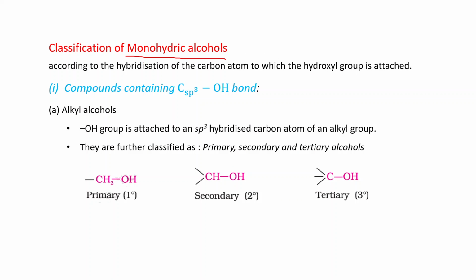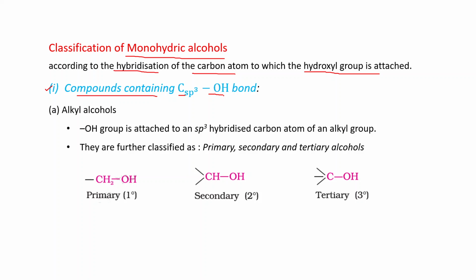Classification of monohydric alcohols. Monohydric alcohols are further classified according to the hybridization of carbon atom to which the hydroxyl group is attached. First category is compounds containing sp3 carbon-OH bond. It means OH is bonded to that carbon which is sp3 hybrid.